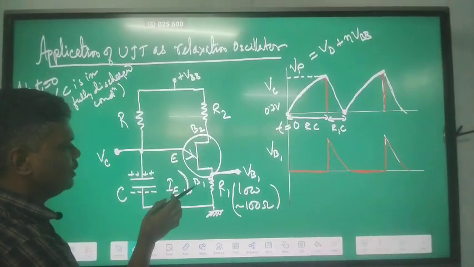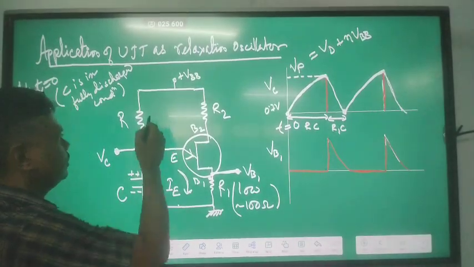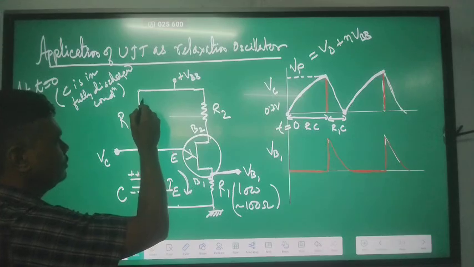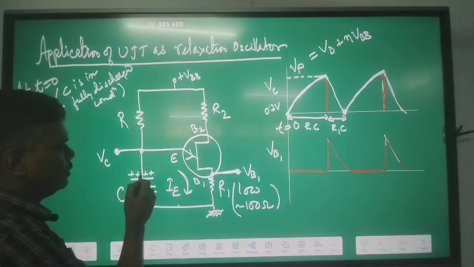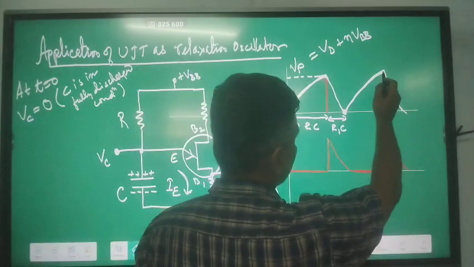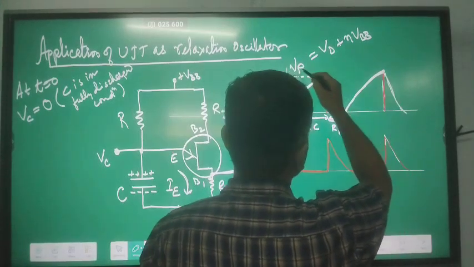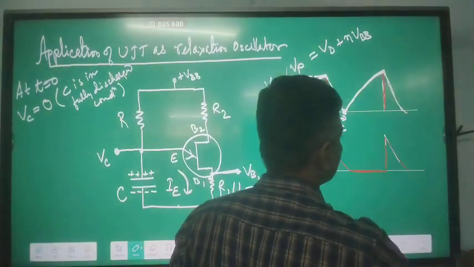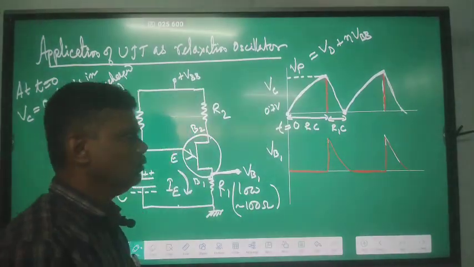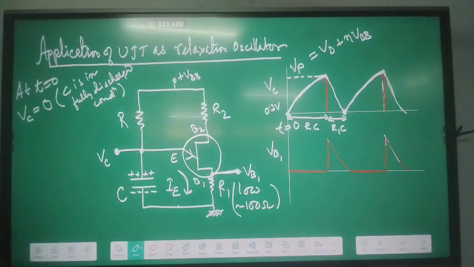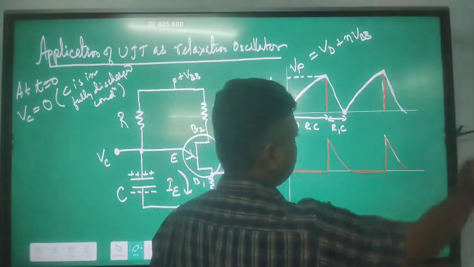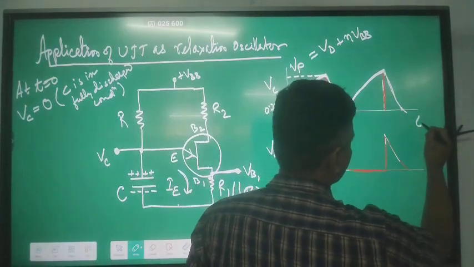So once it is reverse biased, no current will flow through it. Then at that moment the C will again charge through this R up to Vp. Once it reaches Vp, it will again start discharging through R1, and this whole process will repeat with time.